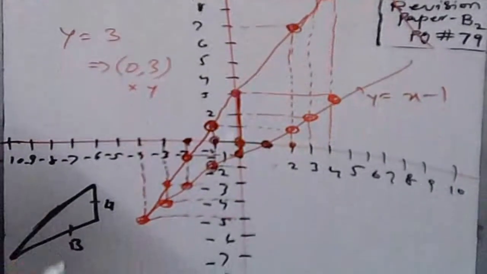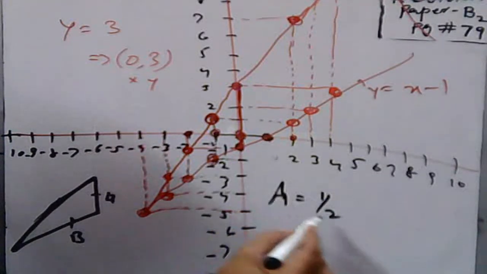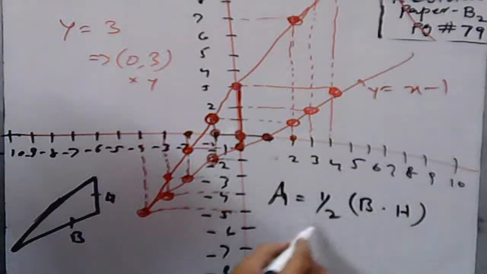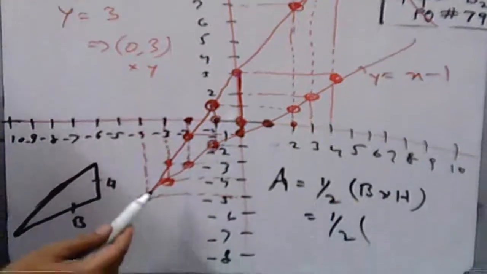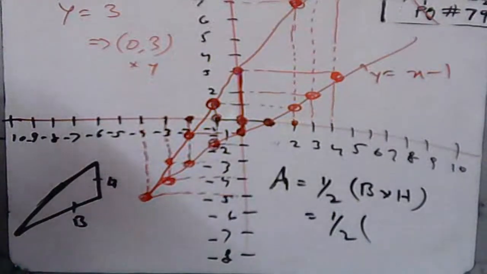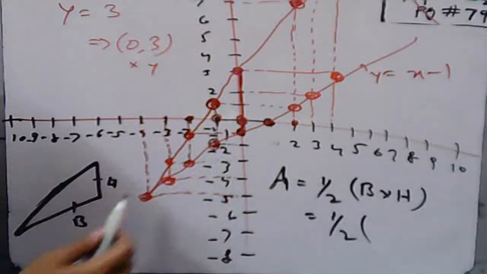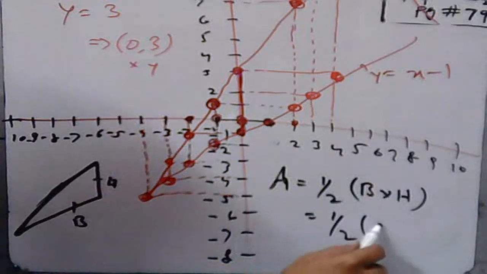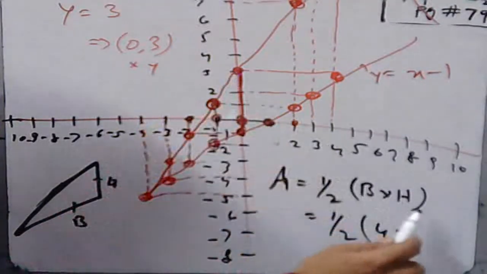So how can we find the area? Area is equal to half base into height, so that is your formula. The base is how many points? You can count 1, 2, 3, 4 points. So base is 4, and height is 1, 2, 3, 4, so height is also 4.